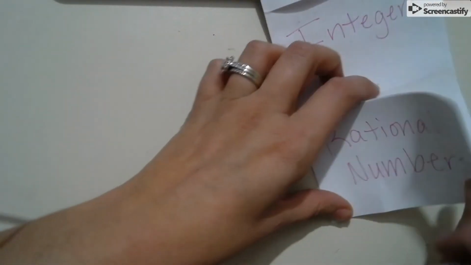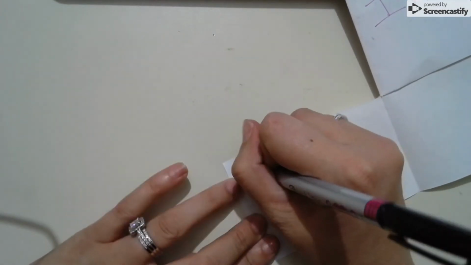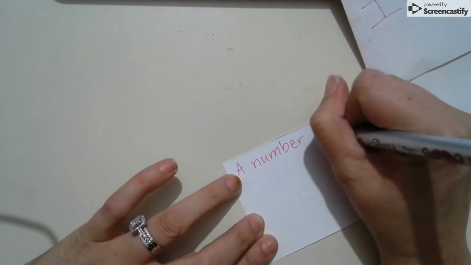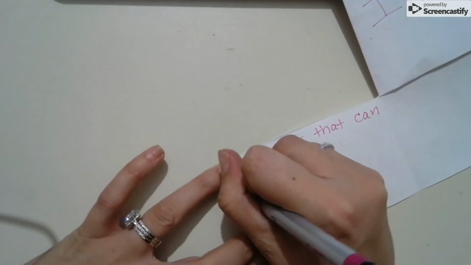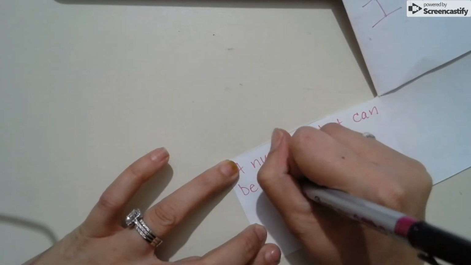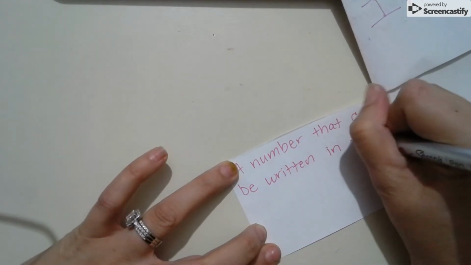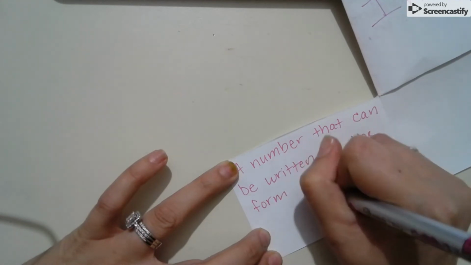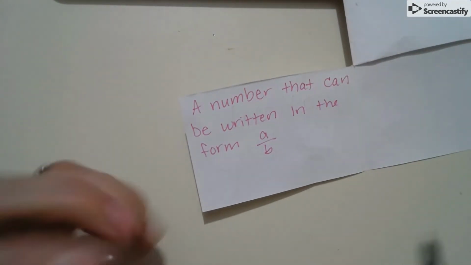Okay, open up your last door, rational numbers. And I want you to write the definition. A number that can be written in the form A over B. Guys, that A and B, all it means is written as a fraction.